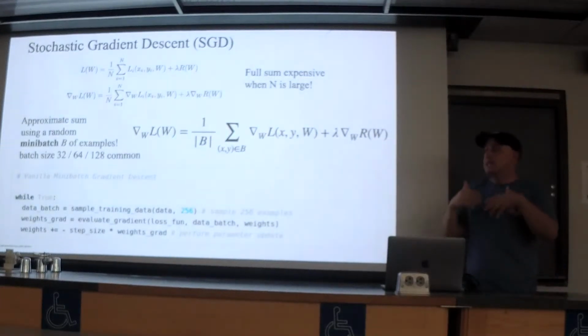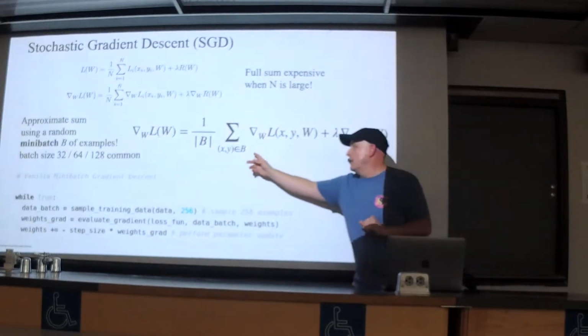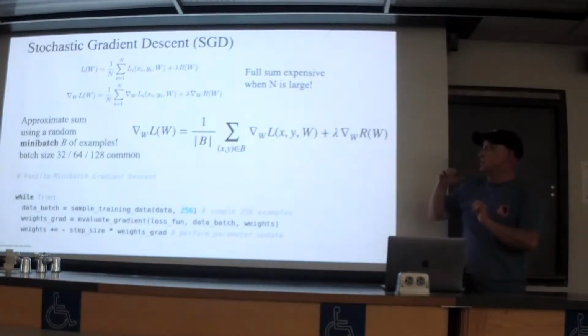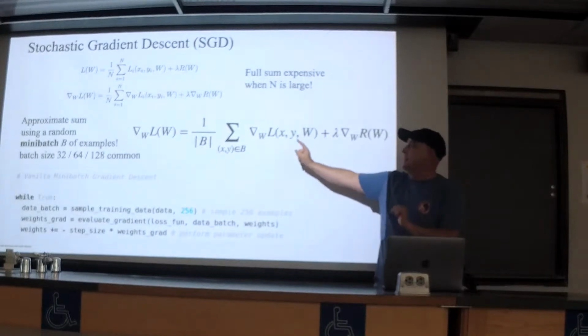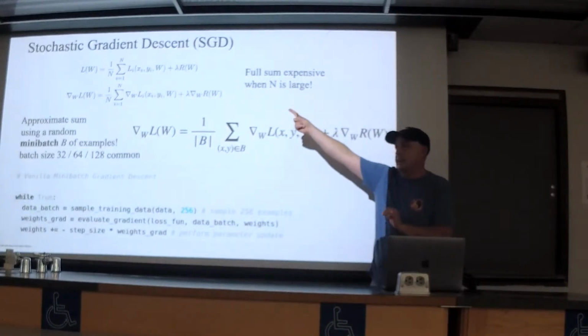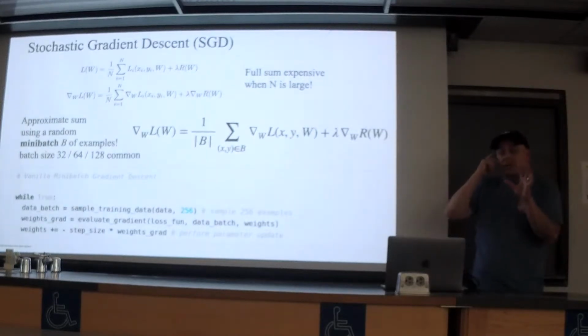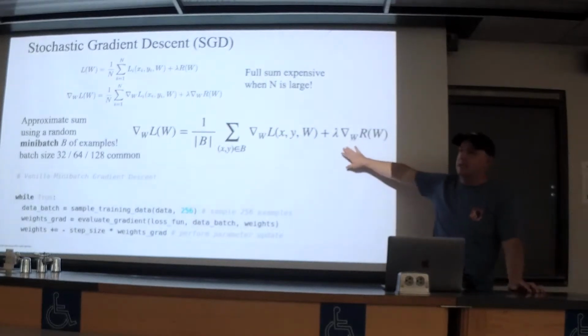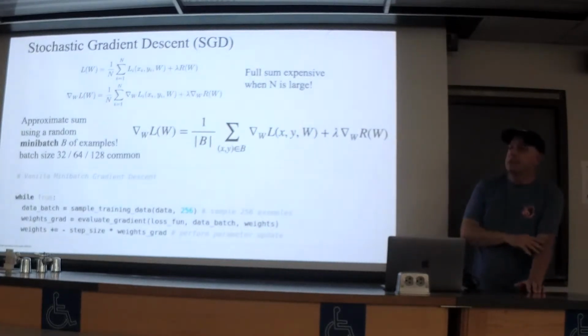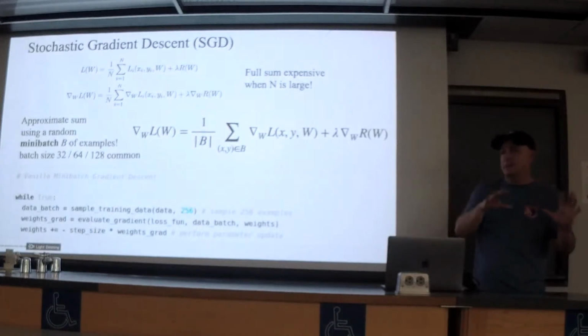So just think of the data that you choose here as a way of creating a gradient that's an estimate of the true gradient. And then we don't typically care about how the loss function changes with respect to the data. We think of the data as fixed even though we're changing it over and over again. So we're not taking derivatives with respect to it. Now that's not 100% true.